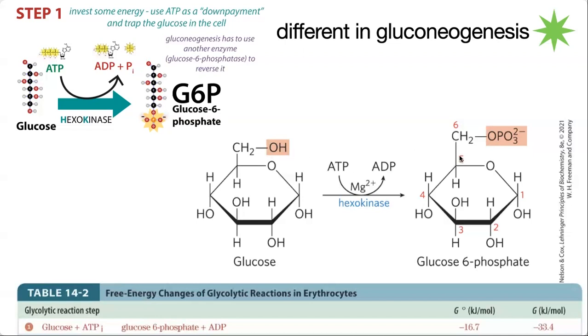And this phosphoryl group, the phosphorus and 3 oxygen groups, not 4 oxygen groups, is what's actually going to be transferred. So this is not an oxidation, but a phosphorylation, carried out by hexokinase. And we can see that it has a very large negative delta G. So this would not be easy to reverse, which is why we're going to use a different enzyme in gluconeogenesis.